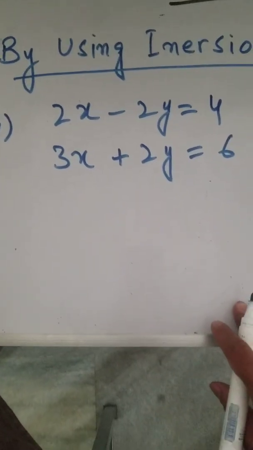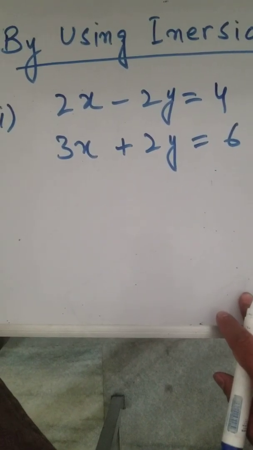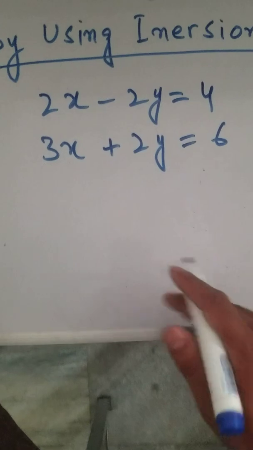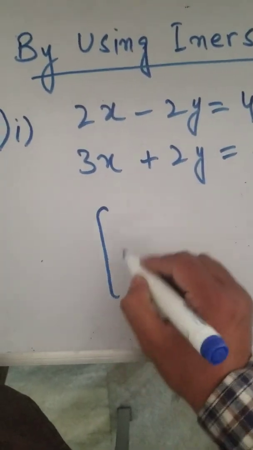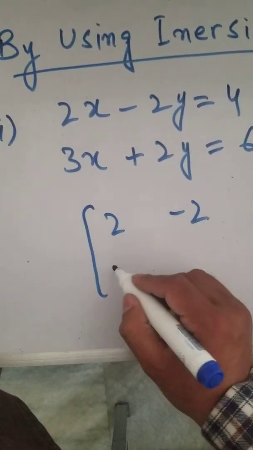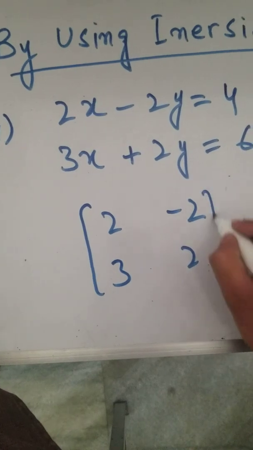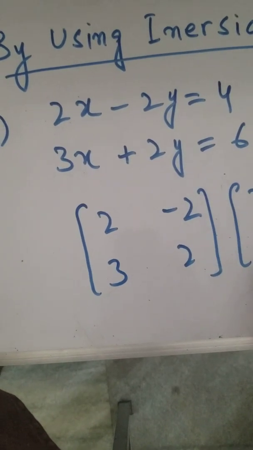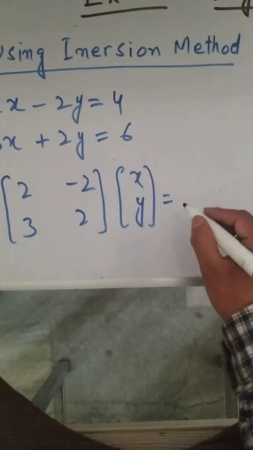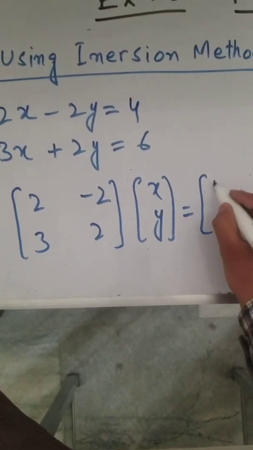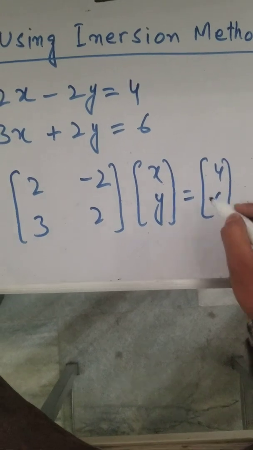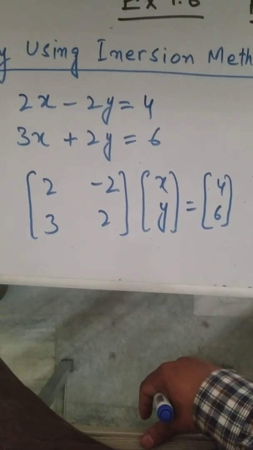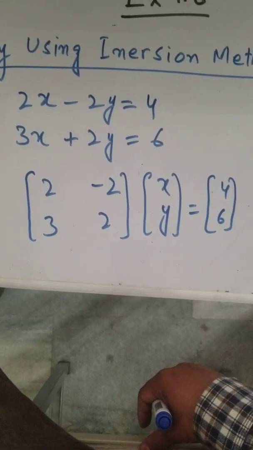Now we convert these equations into matrix form: [2 -2; 3 2] times [x; y] equal to [4; 6]. This is the matrix form of these equations.